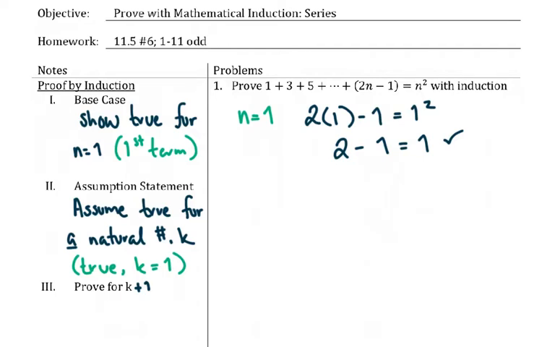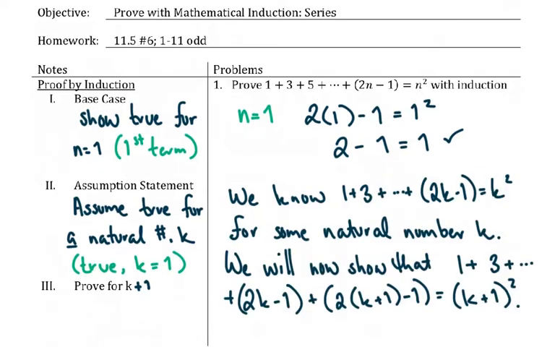The next one, you're just going to write an assumption statement. I'll write mine, you can use your own words. You just want to cover these basic points. So here we're saying, okay, we know it's true for some k. And now we want to show that this being true for k shows that it's true for k plus 1. And so you'll notice in series, the difference between k and k plus 1 is on the series side, we still have 1 plus 3 plus 5 plus 2k minus 1, and then 2(k plus 1) minus 1.